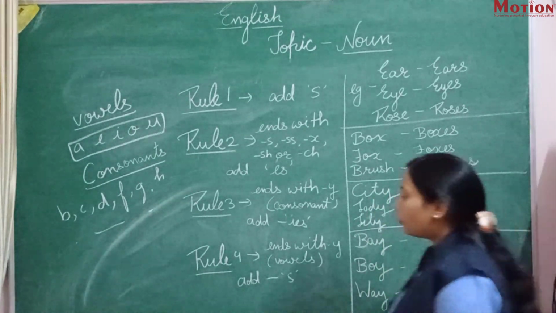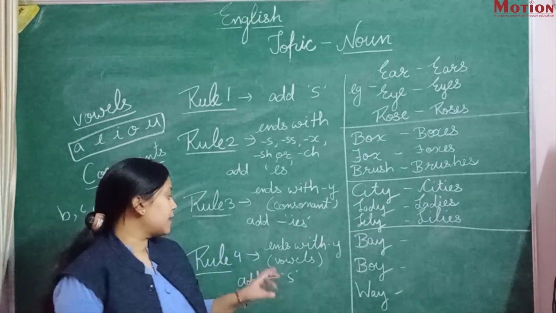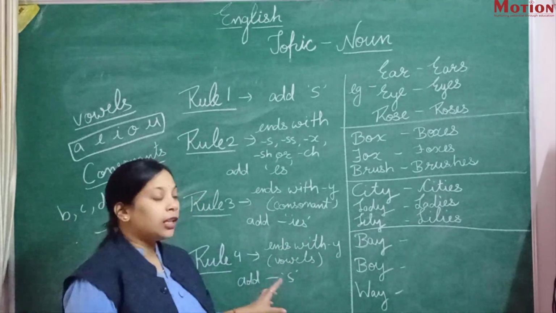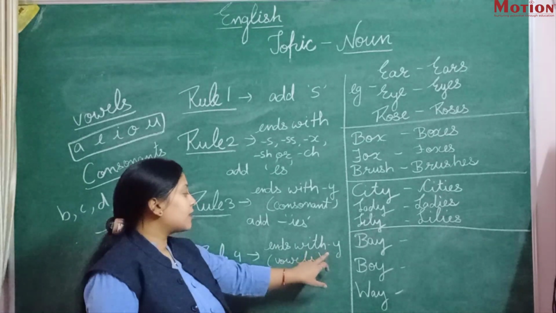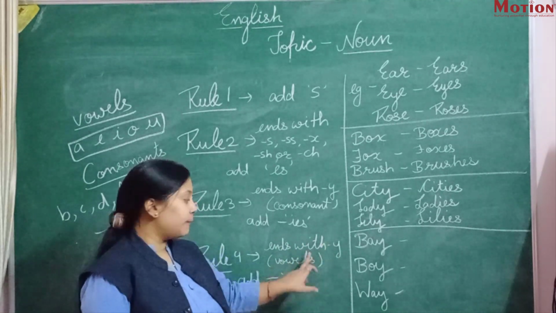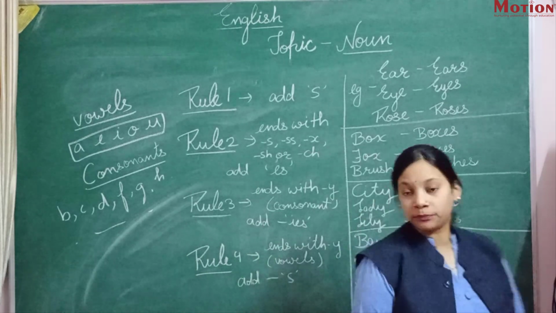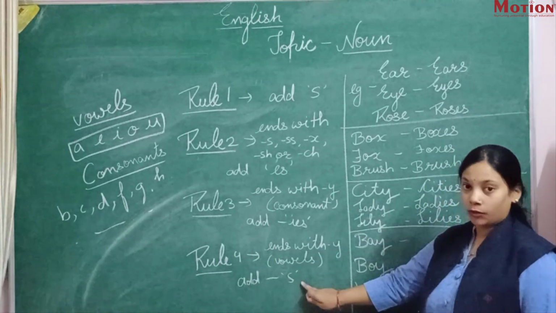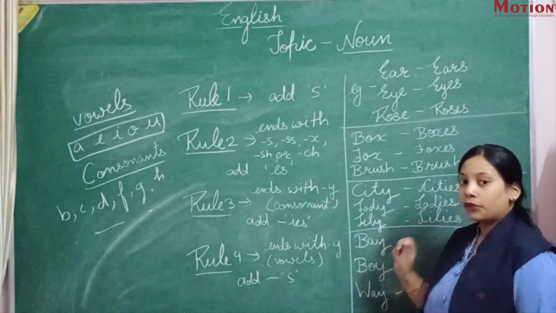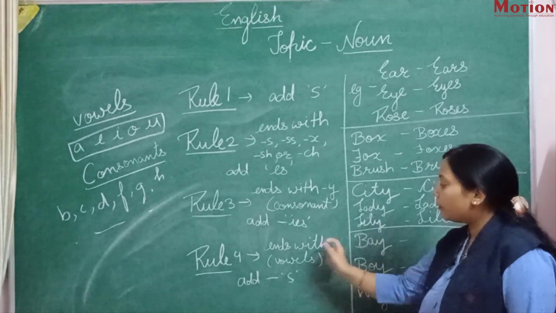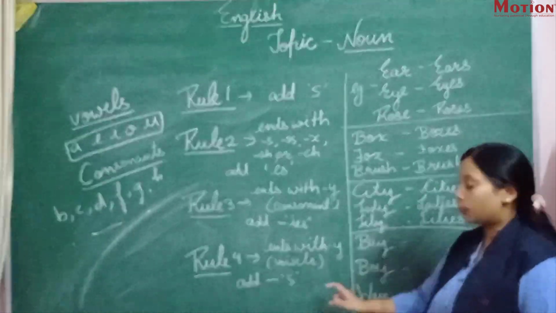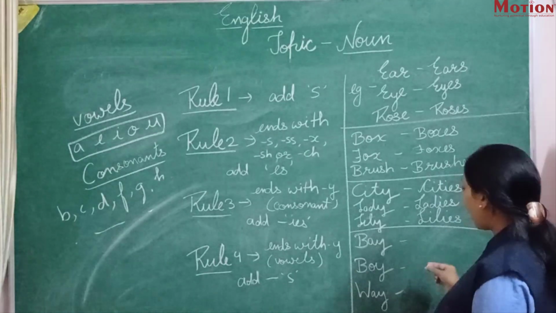The next, rule number 4, says that if any noun ends with y, but the condition is there is a vowel before y, then we use s only. Example: bay.